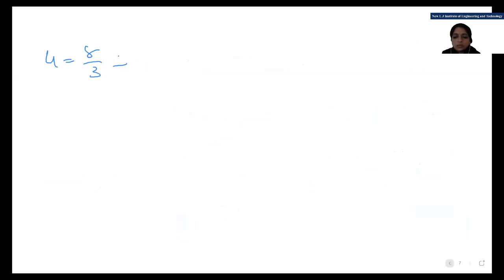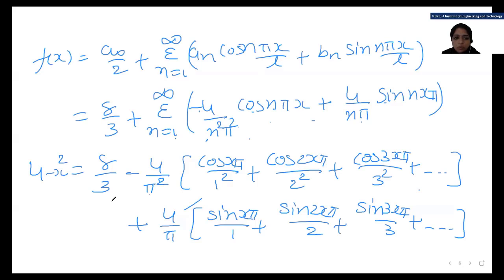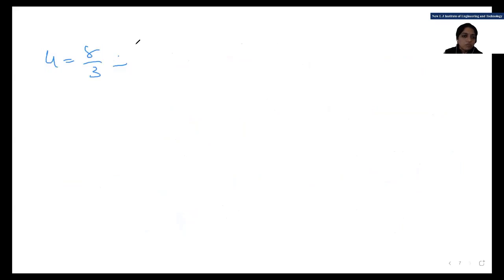After putting x is equal to 0 on both sides, here 4 minus 0, so 4. All sine 0 is 0 and all cos 0 is 1. So we have here 4 upon pi square. This is by putting x is equal to 0 on both sides.